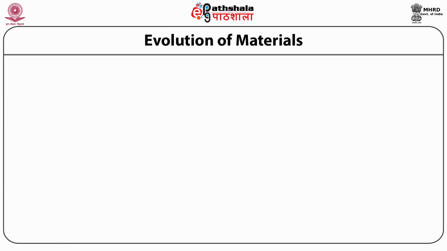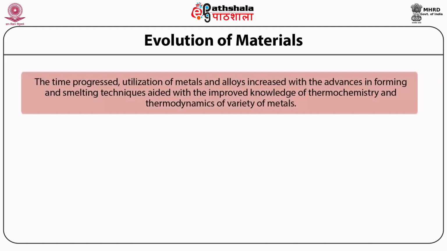As we can see from the figure, as time progressed, utilization of metals and alloys increased with the advances in forming and smelting techniques, aided with the improved knowledge of thermochemistry and thermodynamics of a variety of metals.